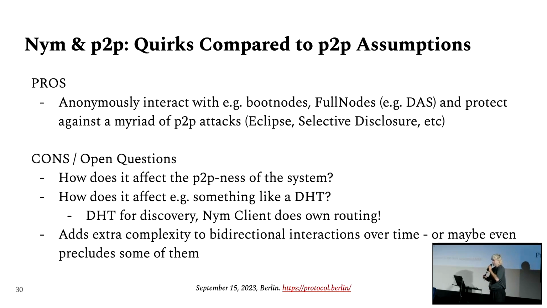We would only really use a distributed hash table for peer discovery, because the Nym client does its own routing. And you're adding this extra complexity to bidirectional interactions, or maybe even stopping some of them. So these are open quirks and questions that have come up in our work from this proof of concept of an unlinkable peer-to-peer transport, and some of them will probably be mitigatable.